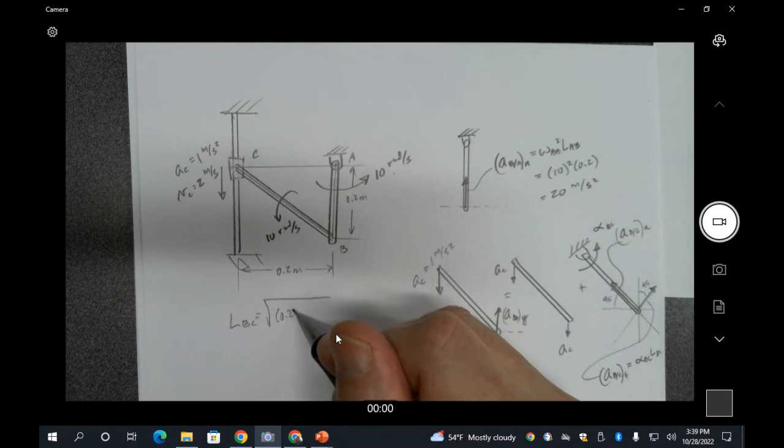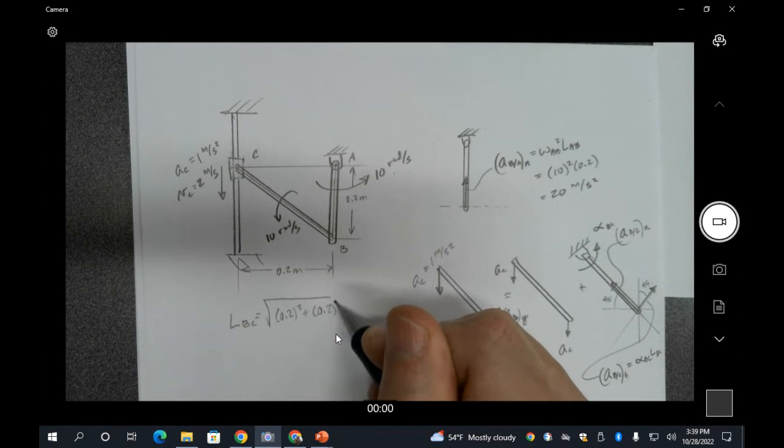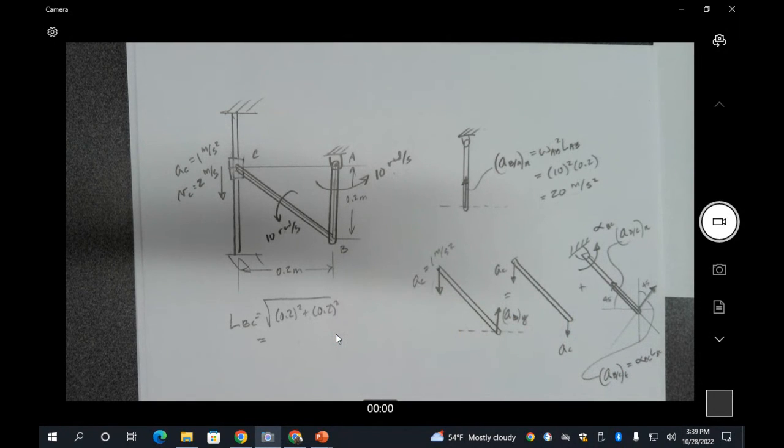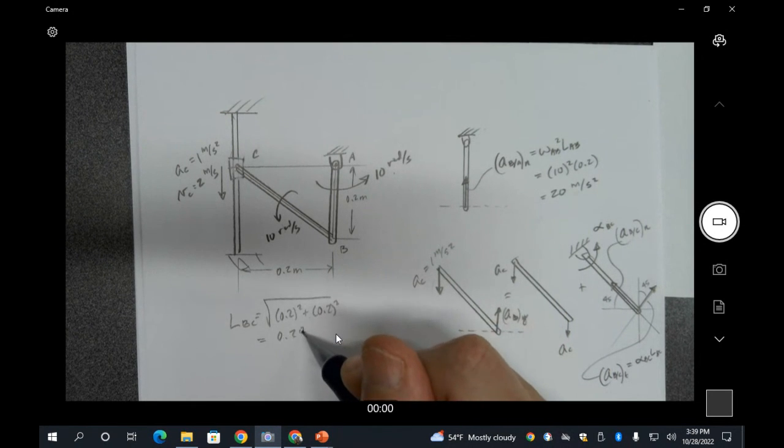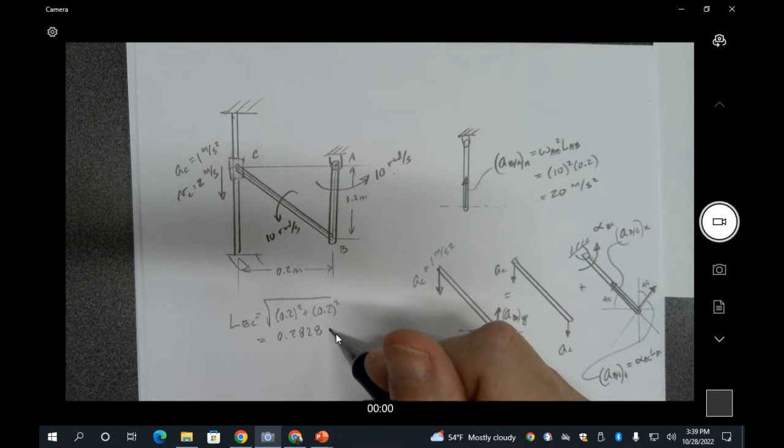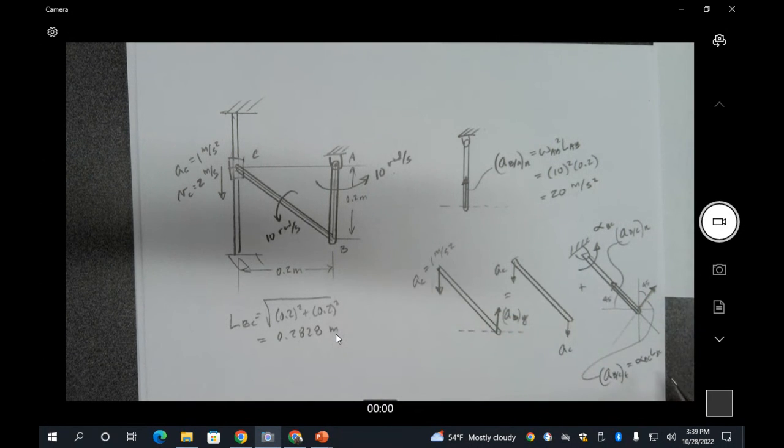It's the square root of 0.2 squared plus 0.2 squared, so 0.2828 meters. In the normal direction it is omega BC squared times L BC, or 10 squared times 0.2828, which is 28.28.